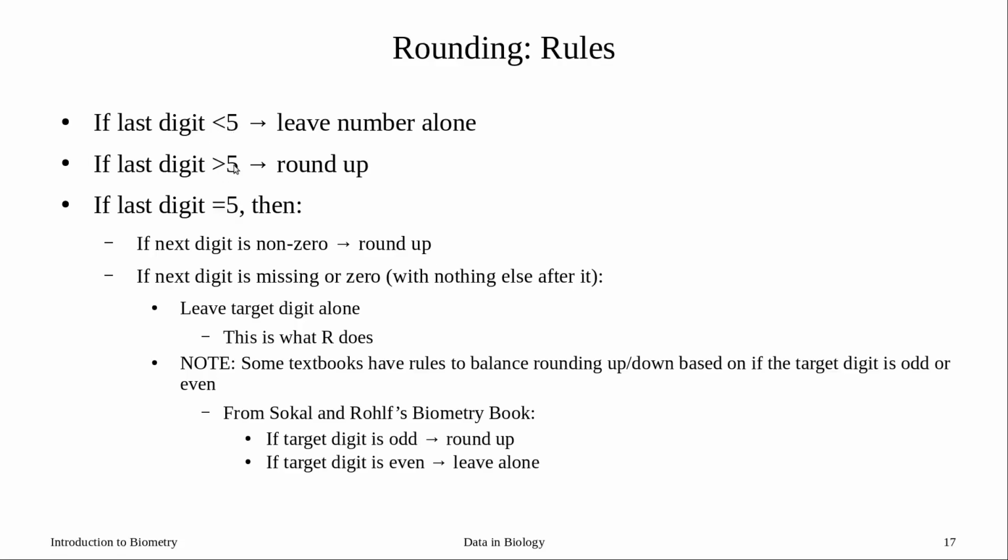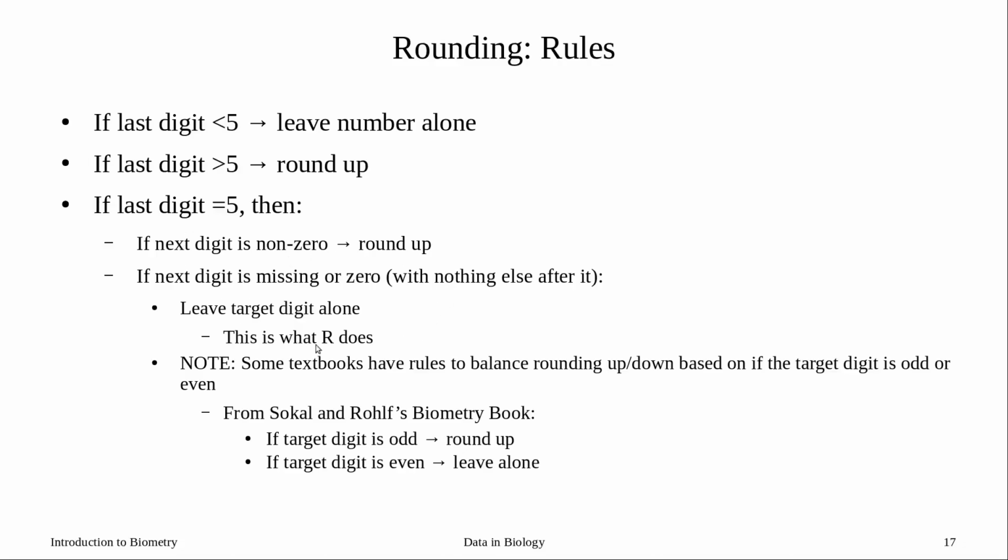If it's greater than 5, then we round our target digit up. If that next digit is 5, then we have to look to see what's after that 5. If it's missing or if it's 0, we're going to leave our digit alone. We will assume that there's nothing after it. If that digit after the 5 is non-zero, then we assume that we're not quite 5, we're actually a little bit above 5, so we're going to round up.